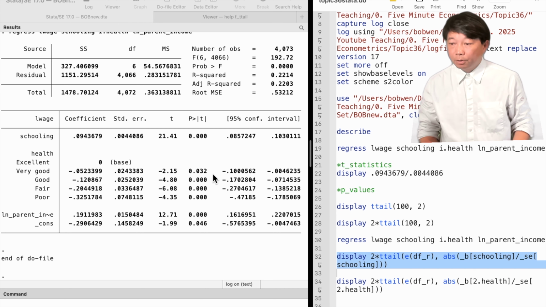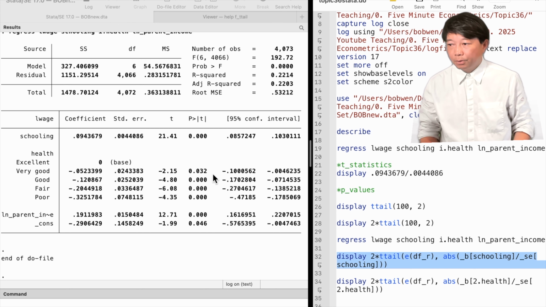A p-value of 0.032 means we can reject the null hypothesis at a significance level as small as 3.2%. Therefore, we can reject the null hypothesis at the 5% level, but cannot reject it at the 1% level against a two-sided alternative.